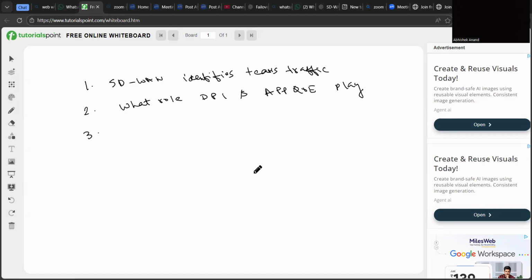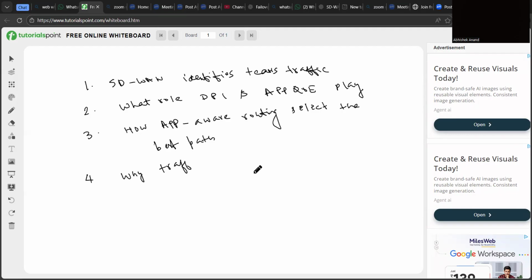Third thing which I will discuss is how app-aware routing selects the best path in SD-WAN. Fourth point is why traffic goes to the UTD engine, Unified Threat Detection Engine on SD-WAN.